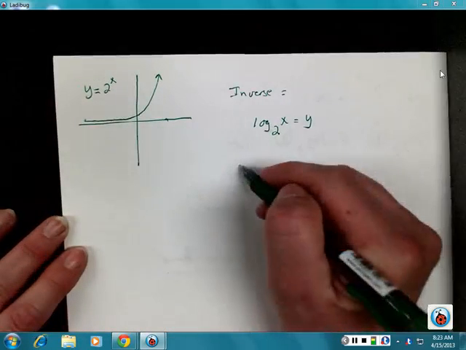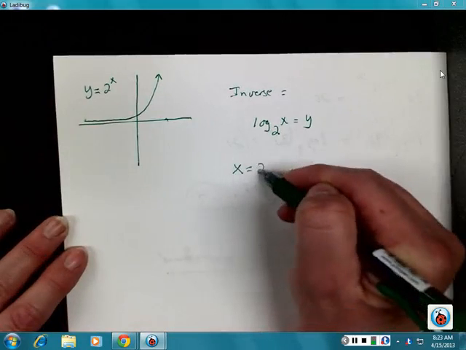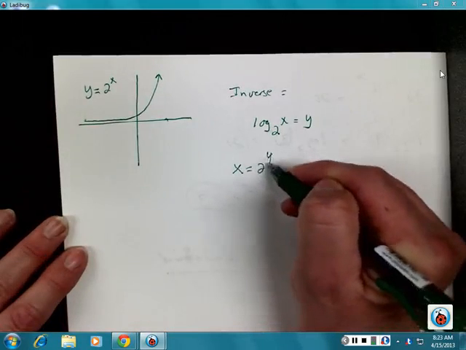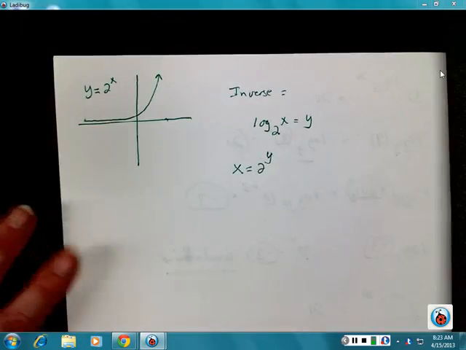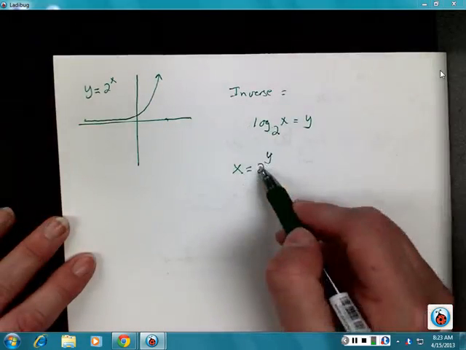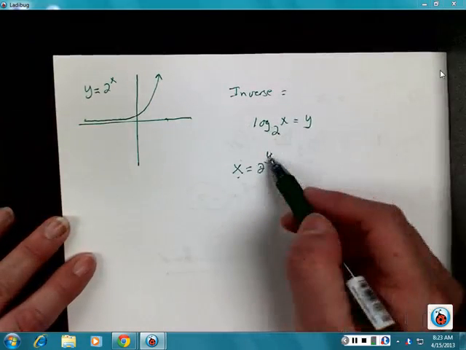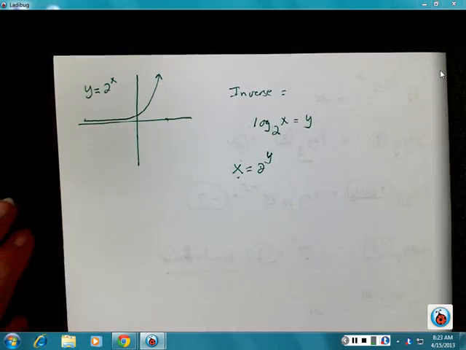So remember, whatever was your y became your x, and whatever was your x became your y, when we were talking about that before. So if I have log 2, my answer was x raised to the y power, I end up with that format.